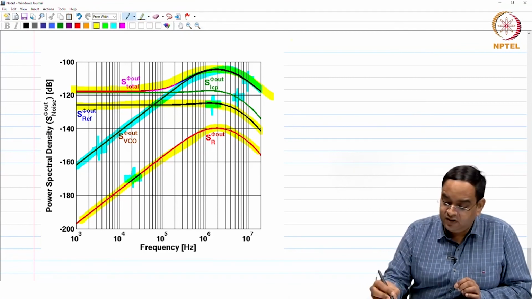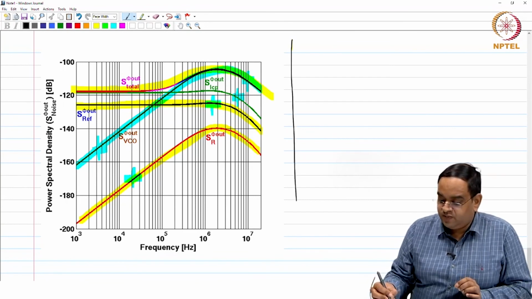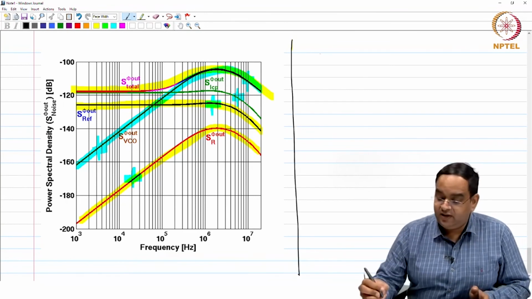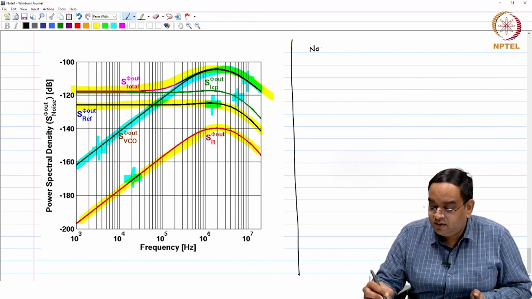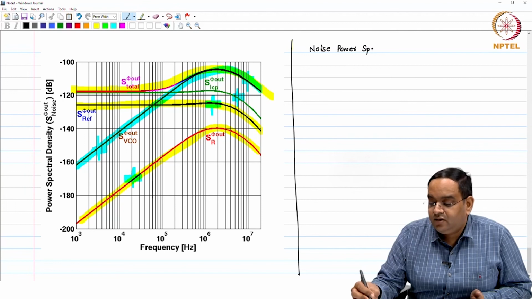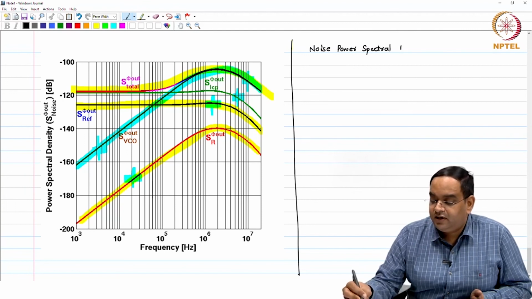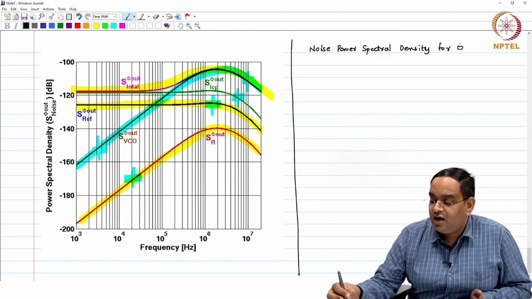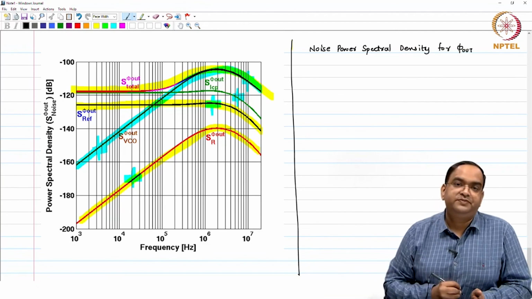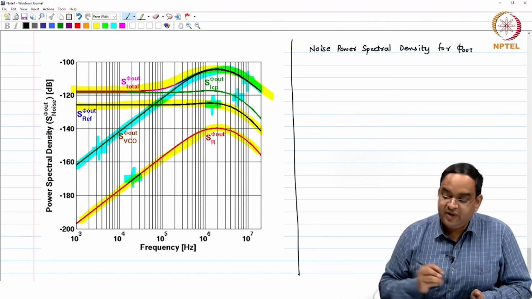We have the noise power spectral density for phi out, right. This is power spectral density.